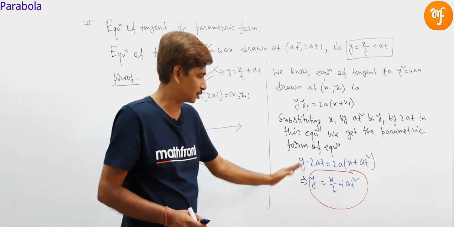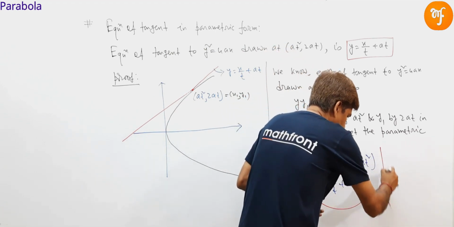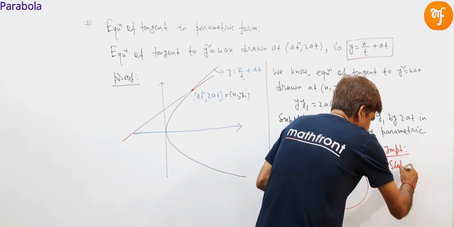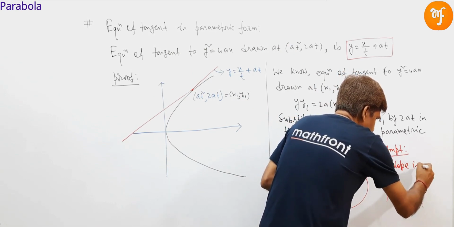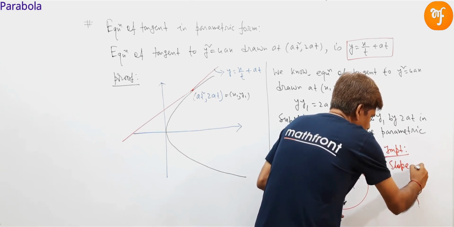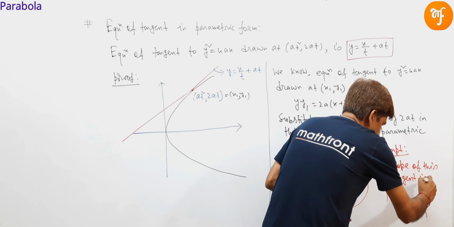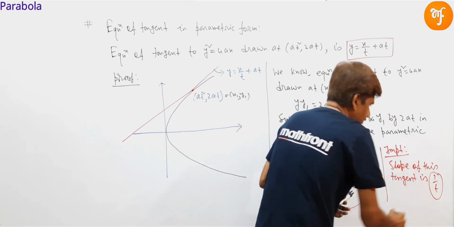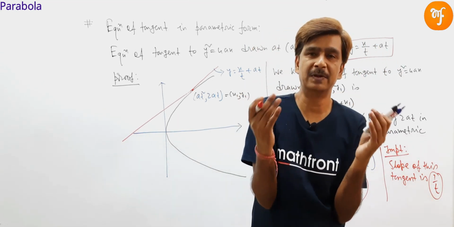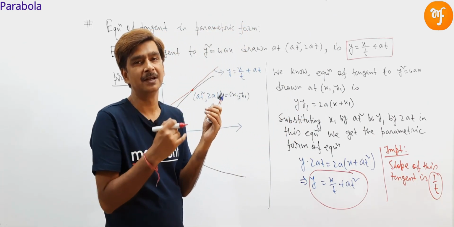So writing here again, this is important: slope of this tangent is 1 by t. So remember this thing also, that in the parametric form the slope of the tangent will be 1 by t. Okay, this will be helpful for finding the equation of the normal in parametric form.